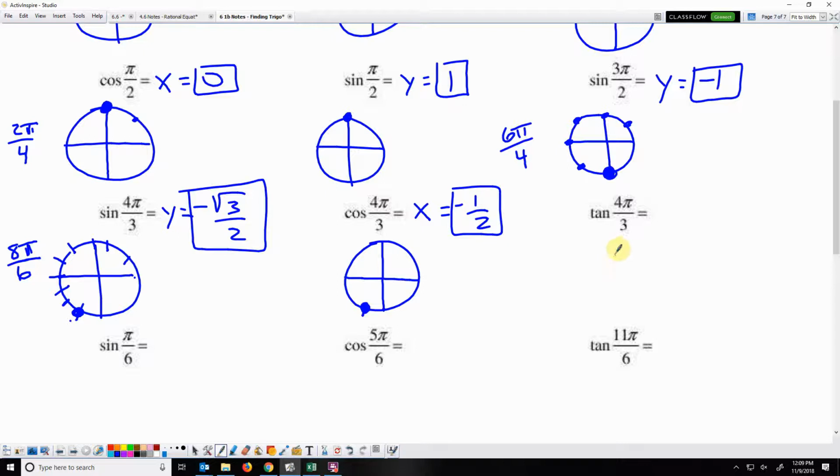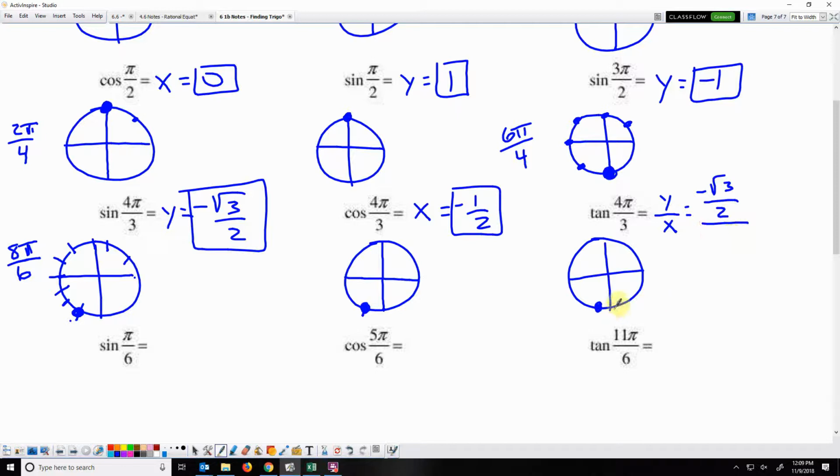And then tangent at that same spot. So the y value is negative root 3 over 2. The x value is negative 1 over 2. Tangent is y over x. So that y value, negative root 3 over 2, because it's in the third position down.